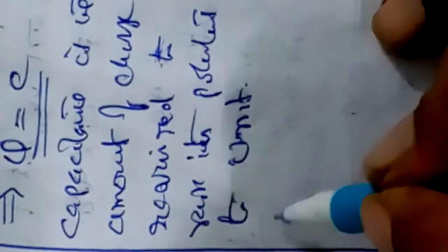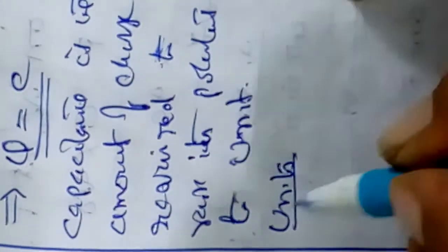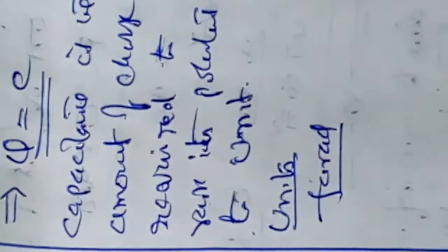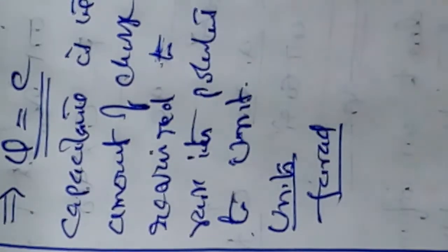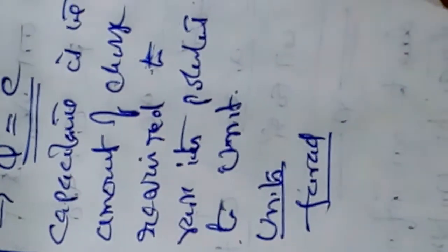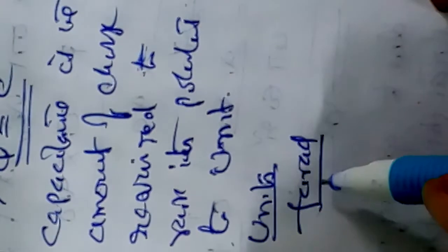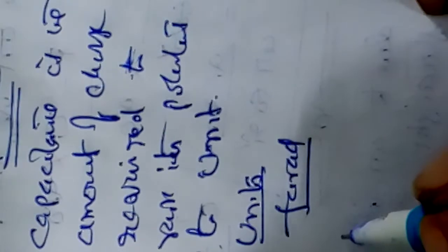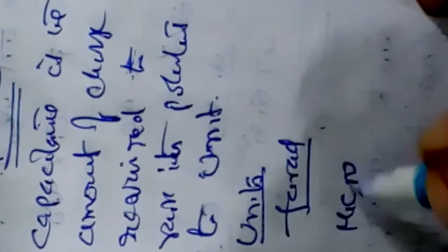So if you take the units of this, you know very well, it is measured in farad. Farad is the unit named after the great man. But this is a bigger unit, so we have other units also. Suppose I say microfarad.